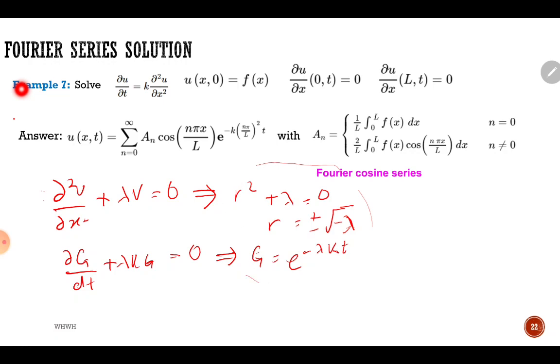What makes the difference is only the boundary condition, which as you can see here, is del u over del x (0, t) equals 0 and del u over del x (L, t) equals 0.